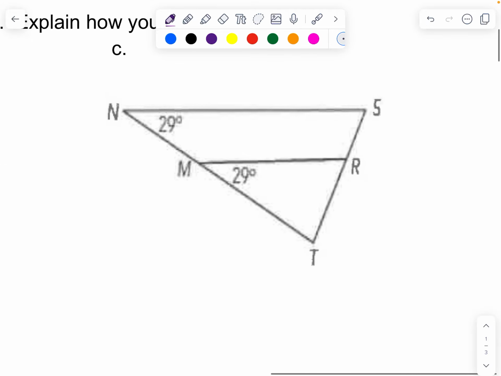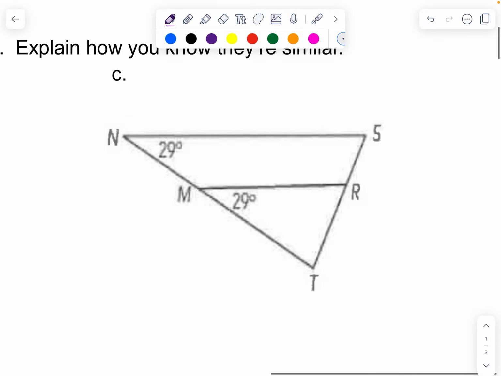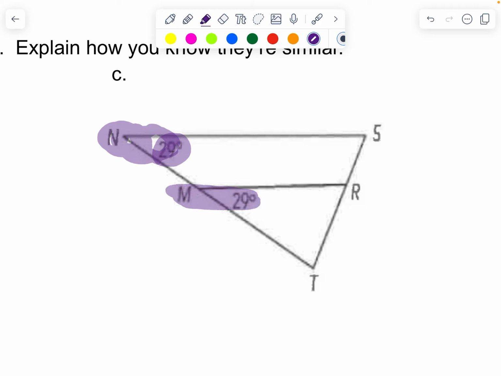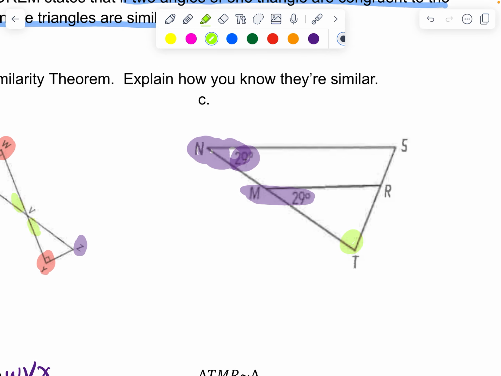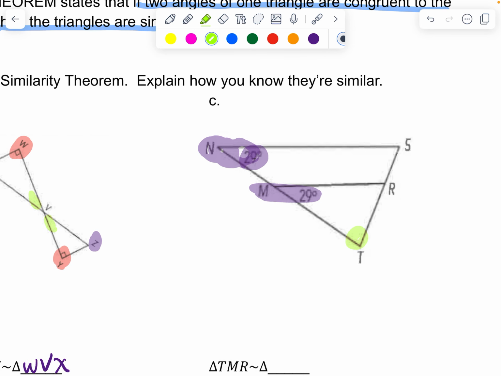So let's look over here at this one. It tells us that this angle right here is the same degree as this angle right here. So that means that those two lines are parallel. But that's okay if we don't know that. This angle right here is in both of the triangles. So two angles in a triangle are congruent to two angles in another triangle.